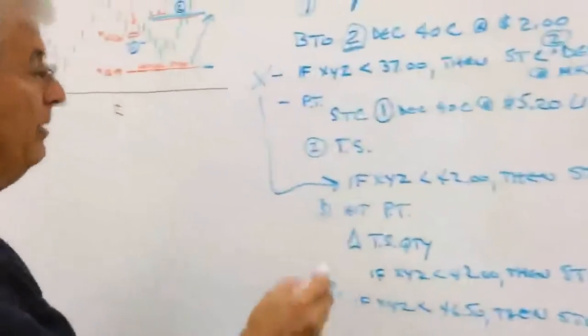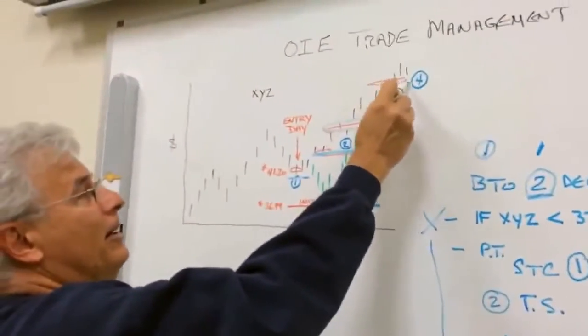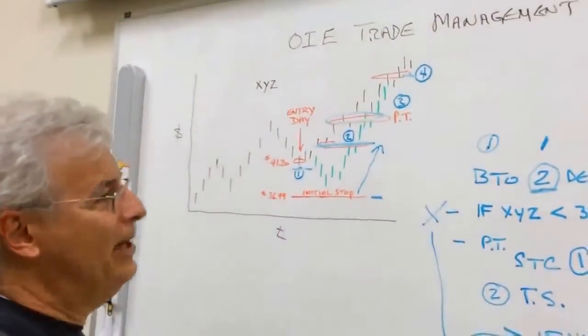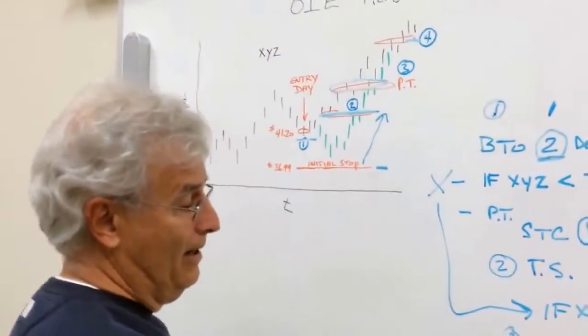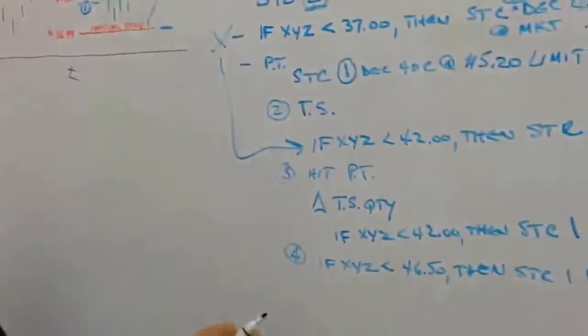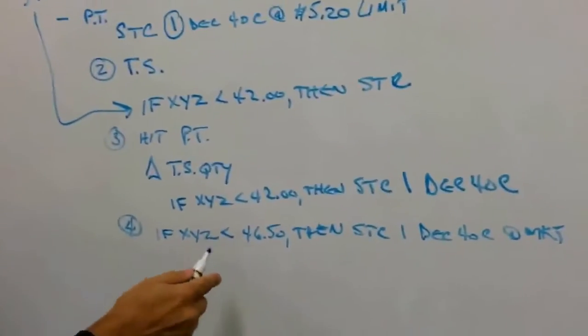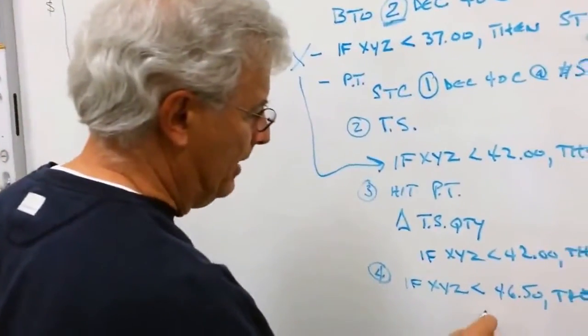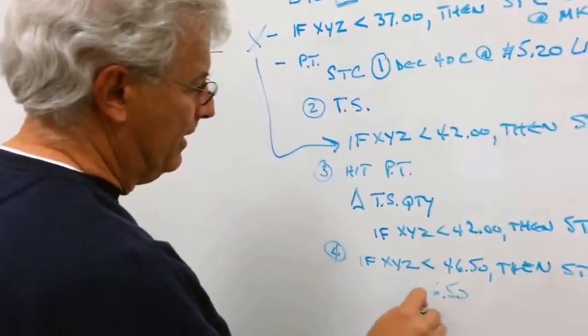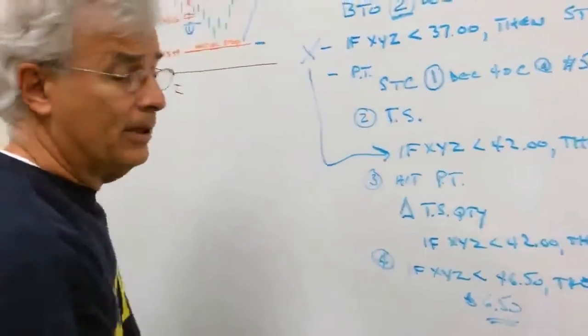And at that point, you're very happy. If you get stopped out here, you're very happy because you sold half at 520 at the profit target with the stock at 46.50. The price of that option, remember, there's still a lot of time value left in this option. It's probably going to be more like $6.50 for that second half position.